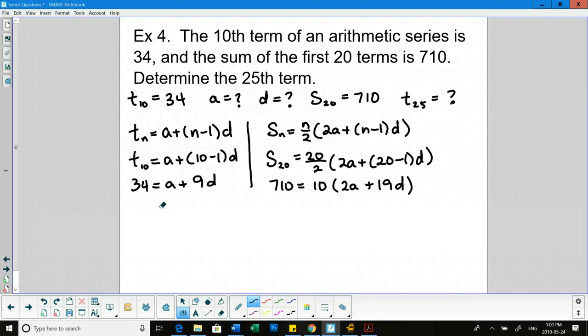That's substitution, right? Just to simplify our lives a little bit, could we divide out this 10 on both sides? Let's do that quickly. Perfect.